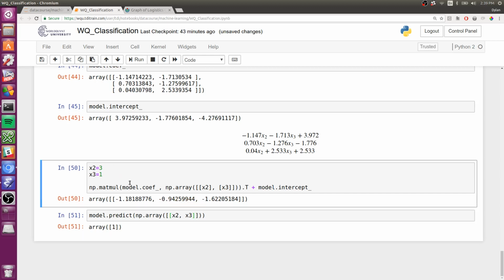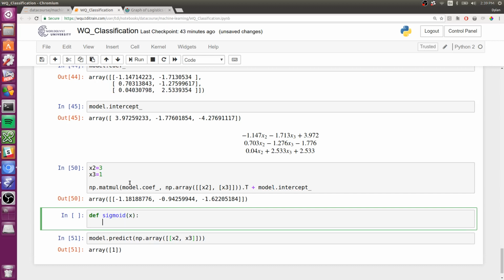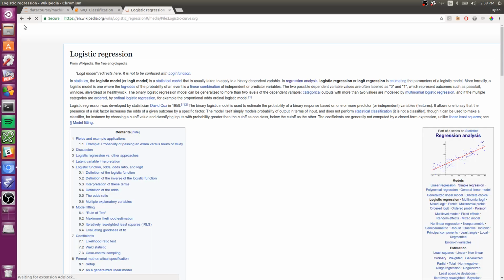And we could also define a sigmoid function for some number n, that just returns 1 over 1 plus the exponential of negative n. I believe that was the correct formula.